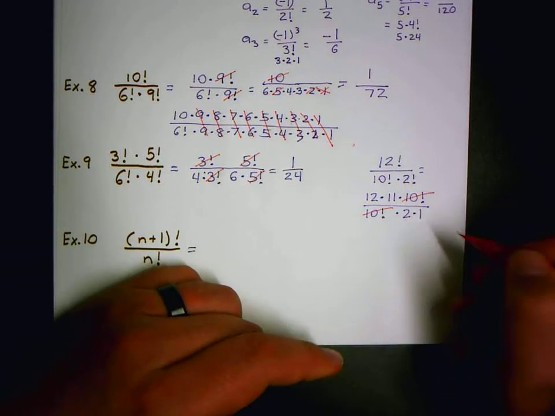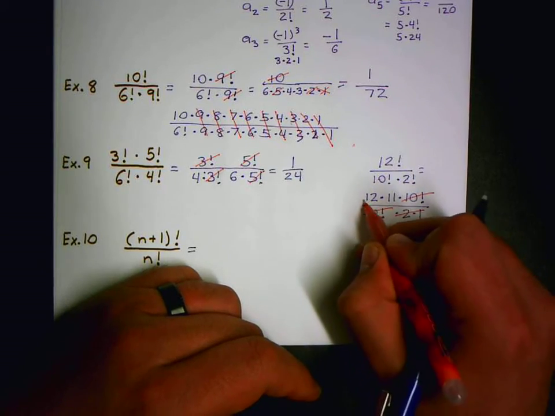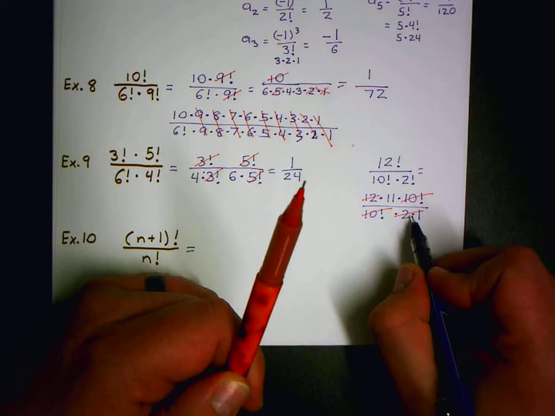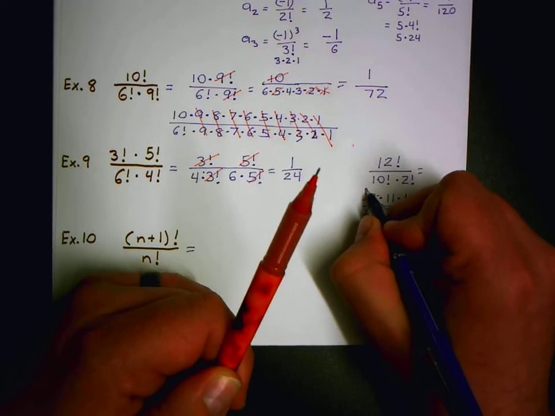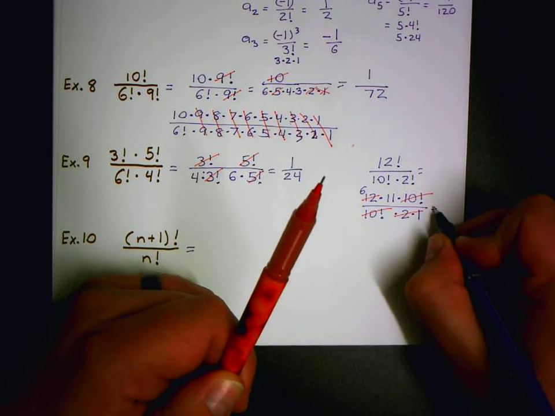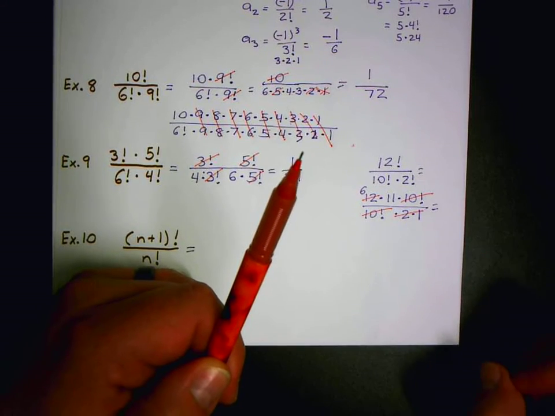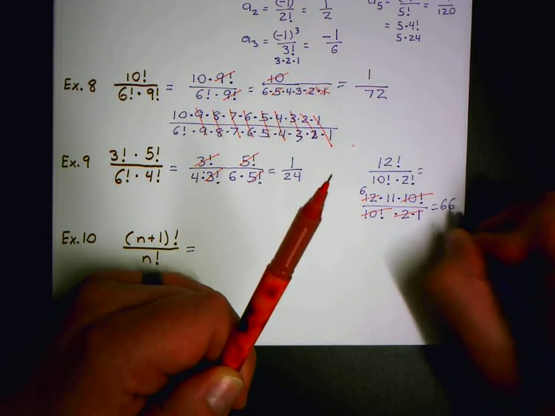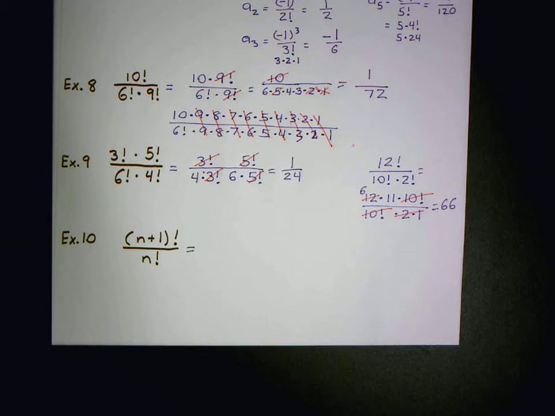Well, this 2 and the 1 I can take and cancel out with the 12. What's 12 divided by 2? 6. Okay, so all I'm left with is 6 and 11, which make 66. So it just happened that every time I had a 1 on top. I didn't think it through whenever I was making examples. I didn't mean for you guys to see that as a pattern.